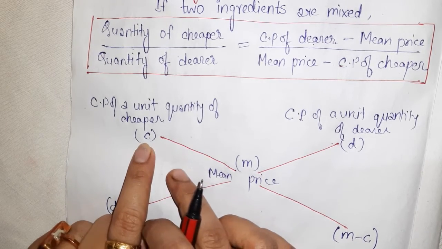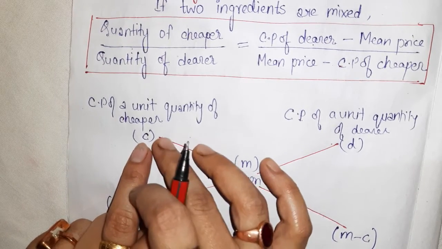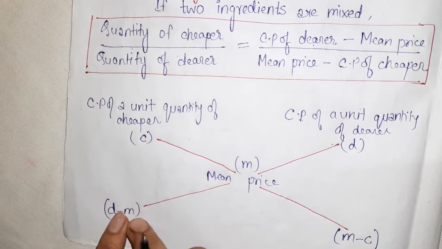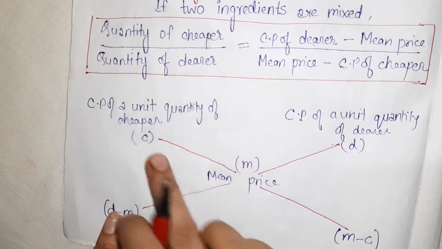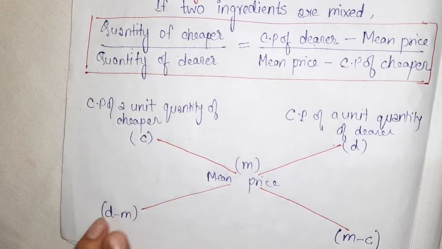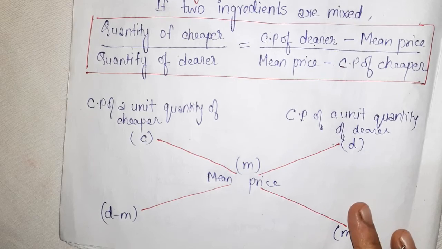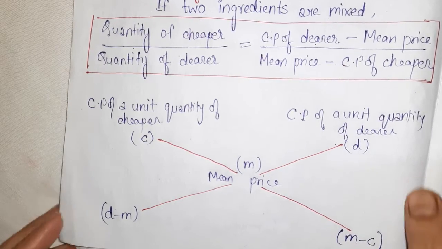You write the cost price of a particular unit quantity of the cheaper one, this is the dearer one, here the mean price, here you have D minus m, here you have m minus C. Now you have to find the ratio of this and this. This gives the ratio of the quantity, right?